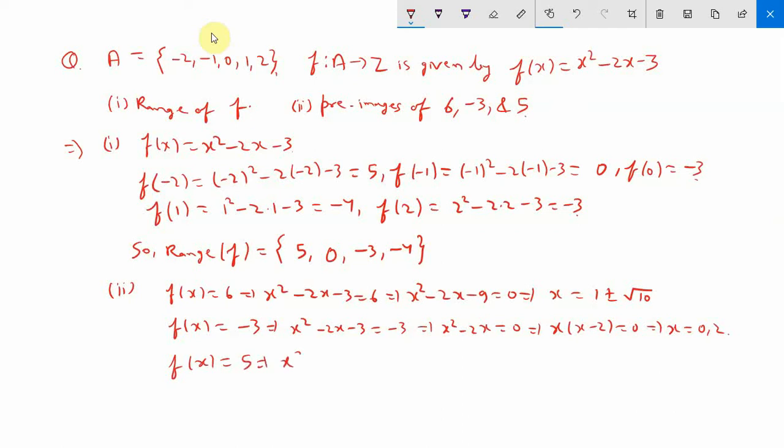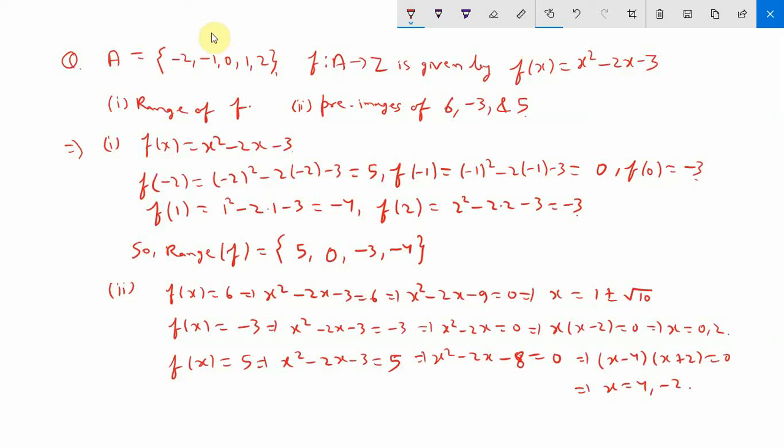It will give x square minus 2x minus 3 equal to 5. So x square minus 2x minus 8 equal to 0. So after this we will get x minus 4 into x plus 2 equal to 0. It will give x equal to 4 or x equal to minus 2.